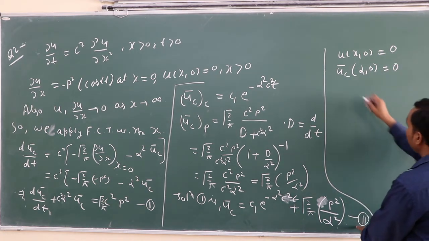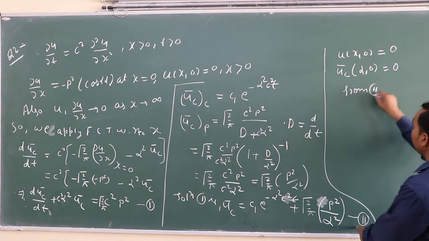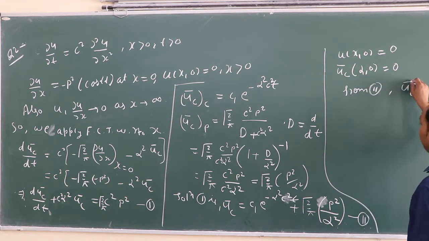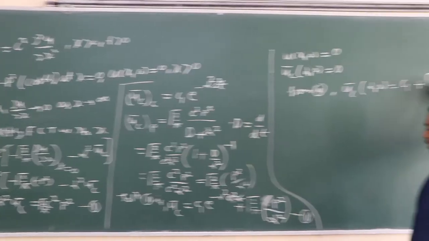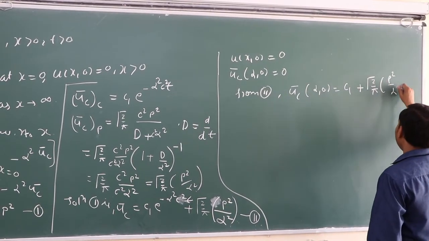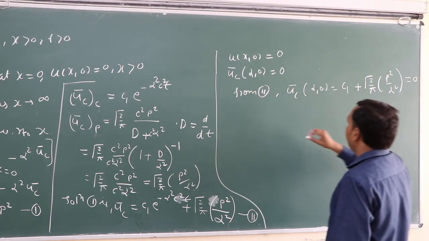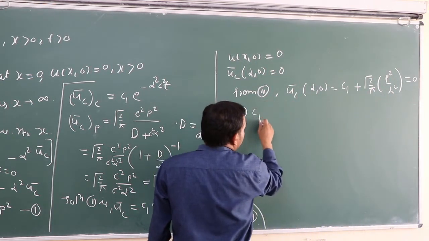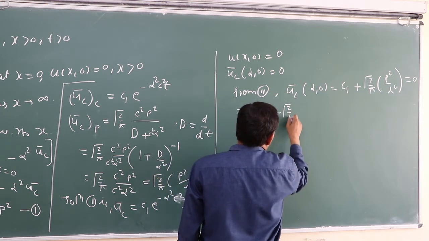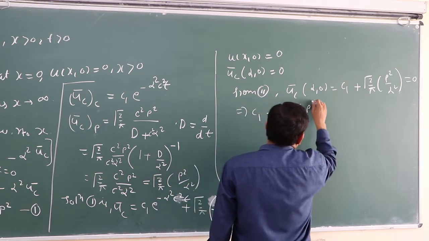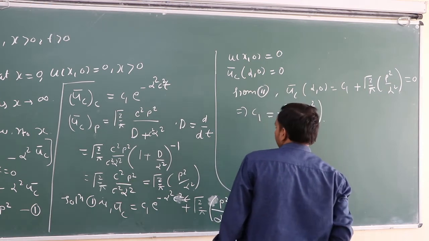So from 2 we can say u_c bar(alpha, 0) equal to, putting t equal to 0, simply c1 plus under root 2 upon pi p square upon alpha square, and this is equal to 0. Finally we say c1 equal to minus under root 2 upon pi p square upon alpha square.